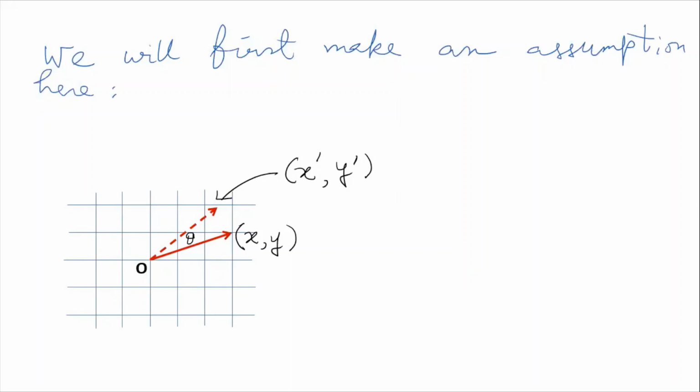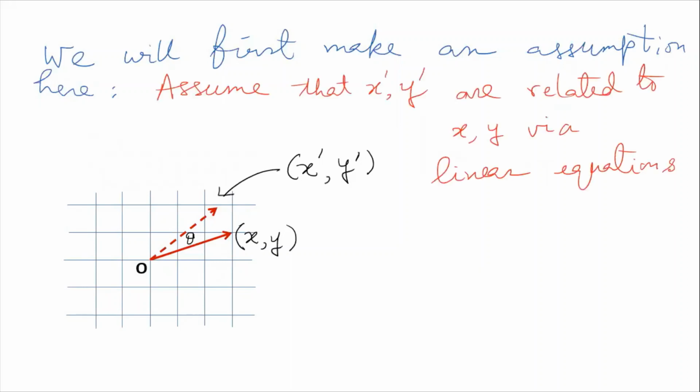We'll first make an assumption. And the assumption is that the relationship between x prime, y prime and x, y is a linear one. In other words, we'll assume that x prime, y prime are related to x and y via linear equations.